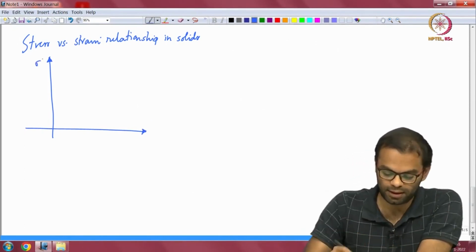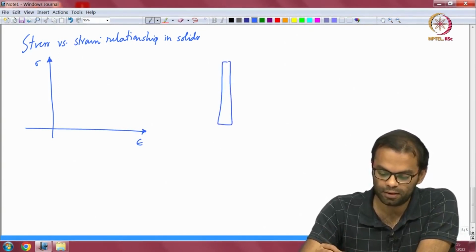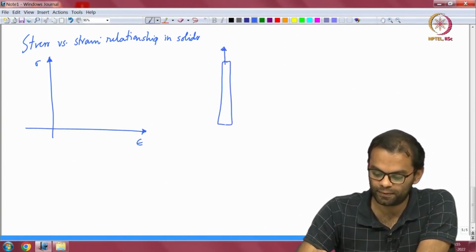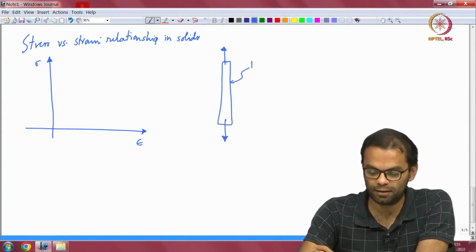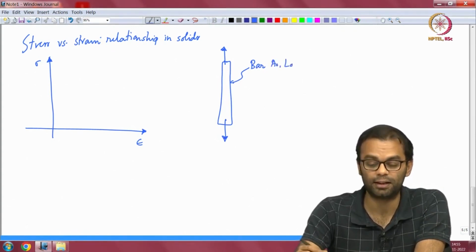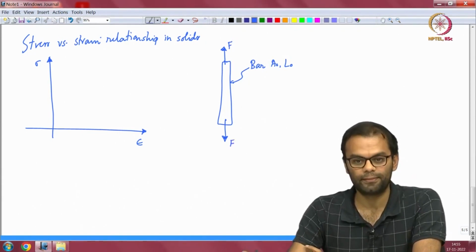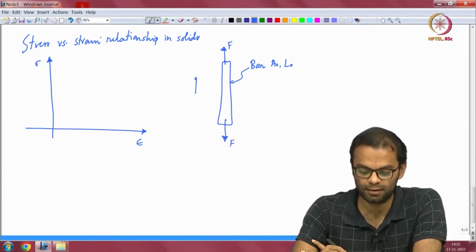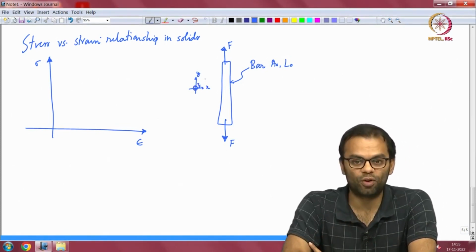Okay, so this is your stress, this is your strain. Let us say I have a bar that looks like this and I am pulling this bar in tension, right. So this is a bar, it has an initial cross section area A naught and initial length L naught, and then I am applying a load here. Let us say this is the y axis, this is the x axis, and the z axis is out of the screen.